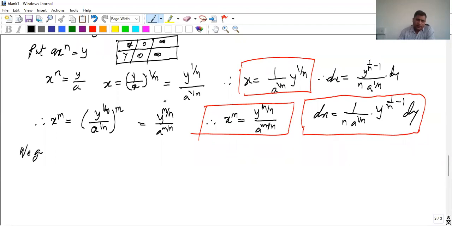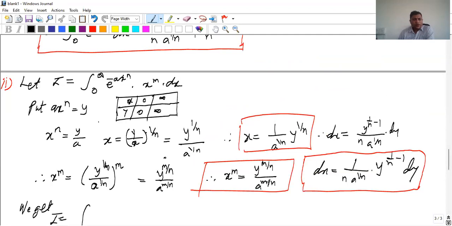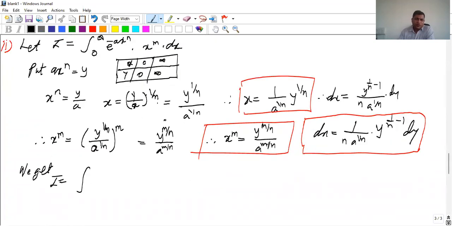So we get y is equal to. Okay, so what is the term we are having here? See, limits are going to be 0 to infinity, so here it will remain 0 to infinity. So we have here 0 to infinity, e raised to minus y.